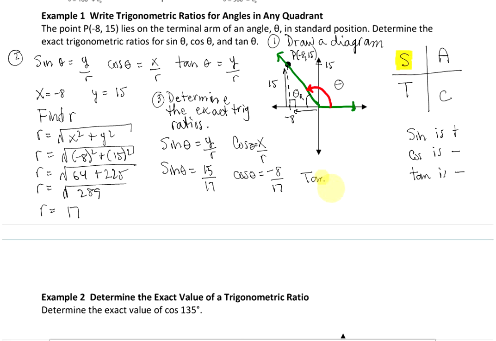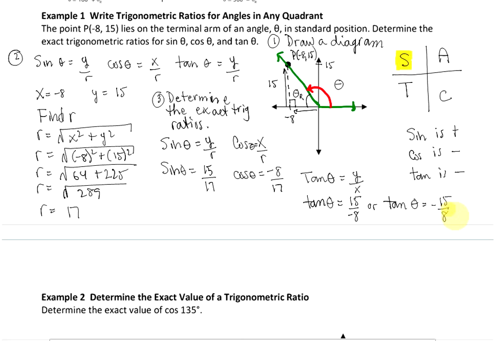And tan of theta is y over x. So tan of theta is 15 over negative 8. Or if you like, tan of theta is equal to negative 15 over 8.